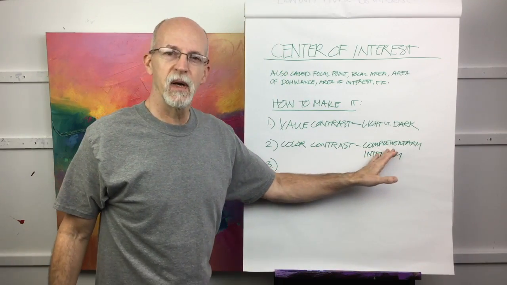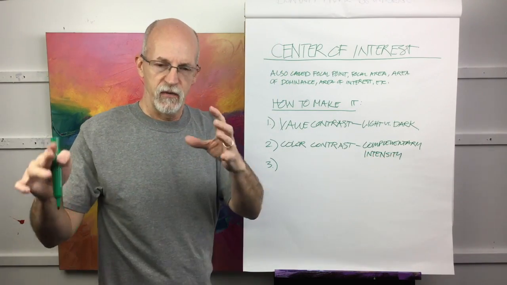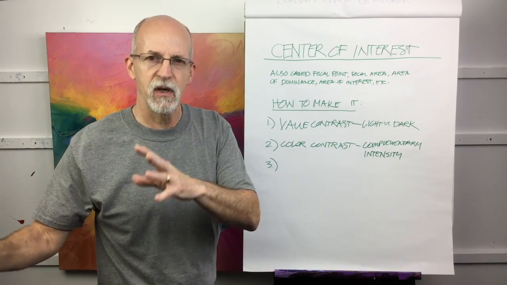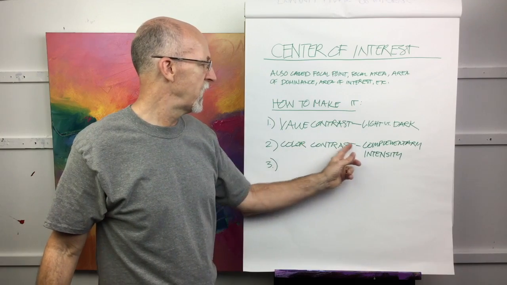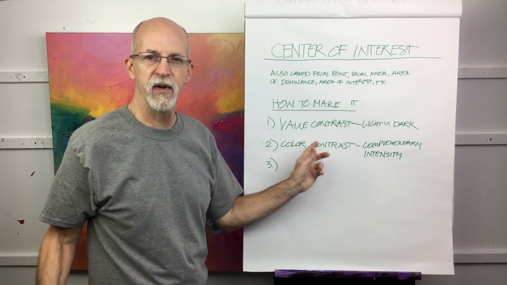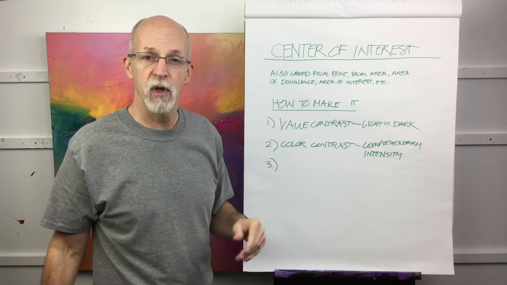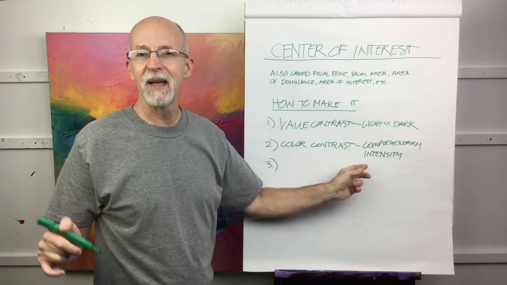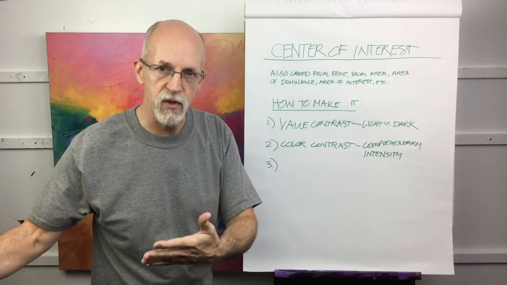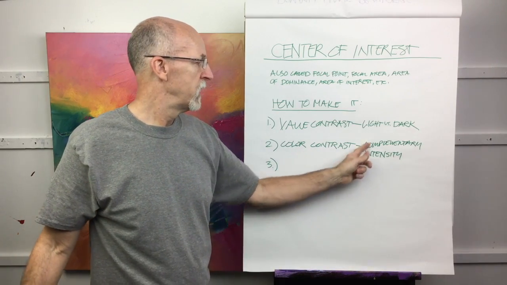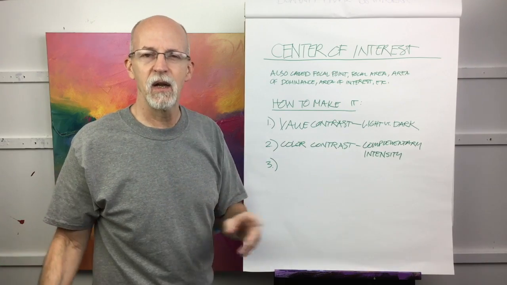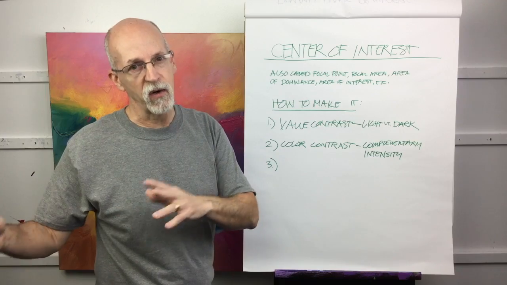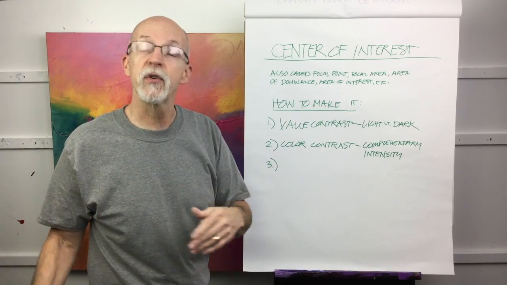That's why complementary color schemes are so powerful: if you use one dominant color and use the other color as your accent color at your center of interest, you get a high level of color contrast between those two colors. Also, the intensity of the color, meaning the brightest color, the closest to the color out of the tube, naturally draws your eye to that area if it's brighter and more intense than the colors around it.